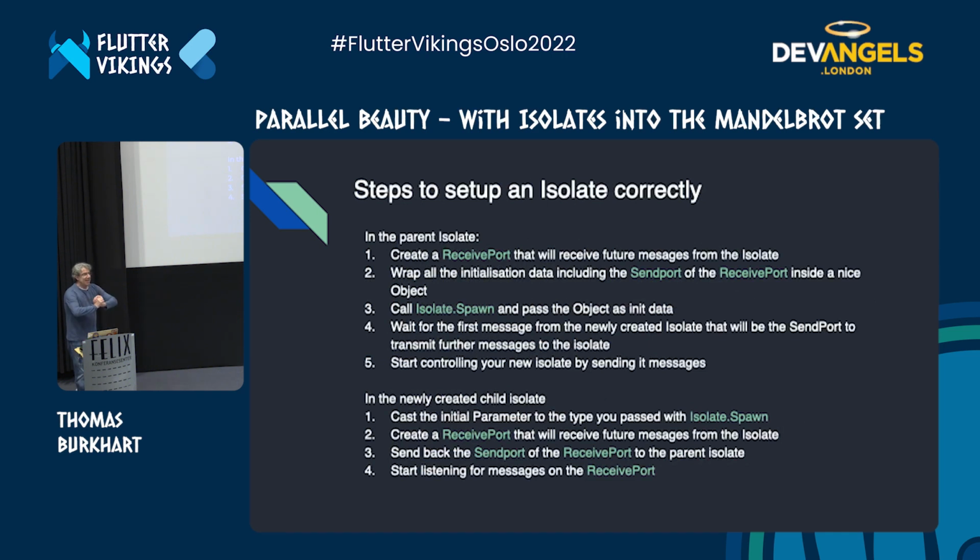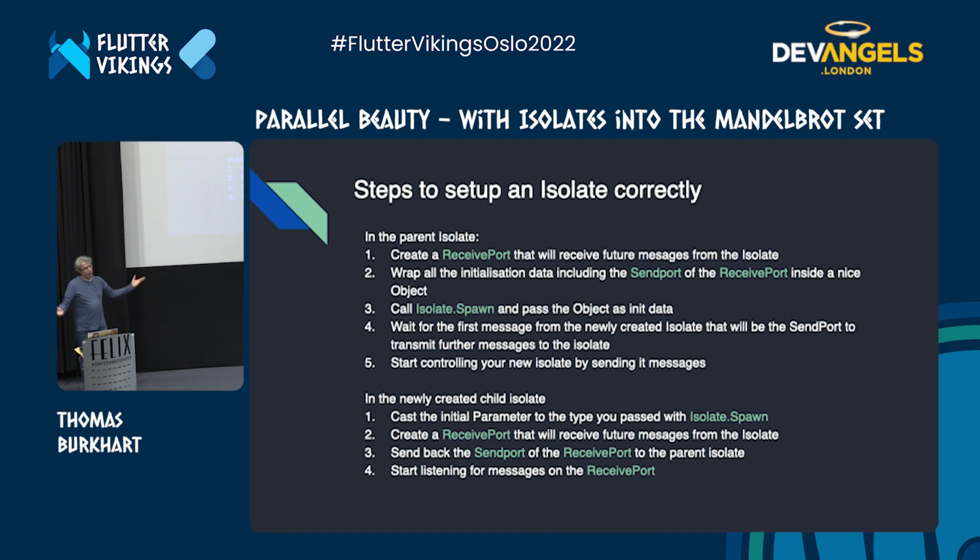There are certain steps that you have to do when you create isolates. The first thing is you have to create a receive port so that you are able to receive future messages from your newly created isolate.